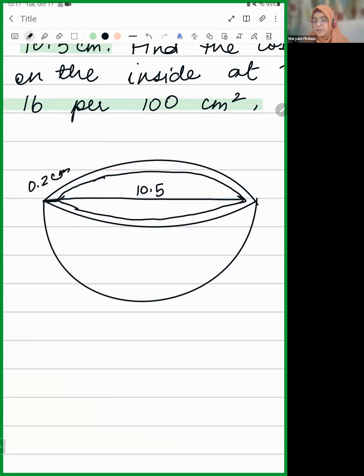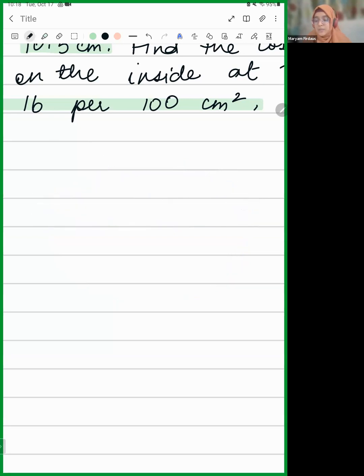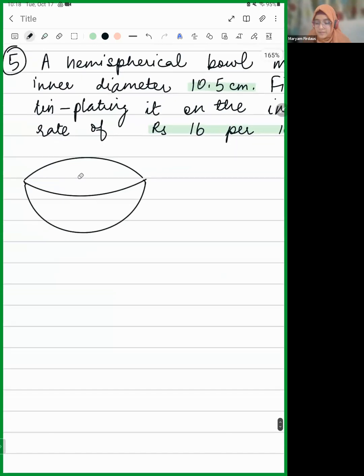So the total radius, sometimes called the outer radius of the sphere, will be 10.5 plus the thickness of this portion. Right now we are concerned with only the inner part. That is why they have said the inner diameter. Is this clear?